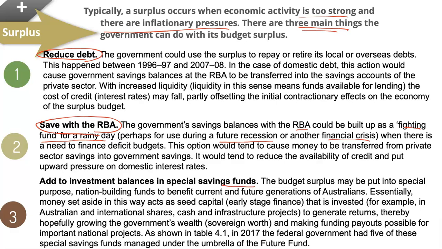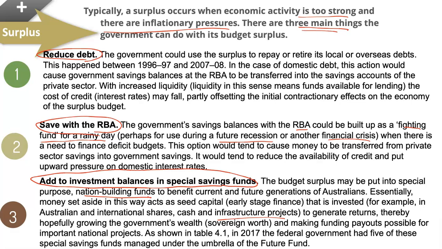The other option is to add this money to investment balances in special savings funds. Often countries, and Australia does this, have specific investment funds where they are saving money for future investments that they know are important. These are often nation-building funds to benefit current and future generations. For example, Australia has an investment fund to do large infrastructure projects, and it's called the Future Fund.